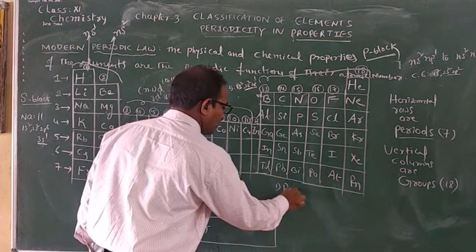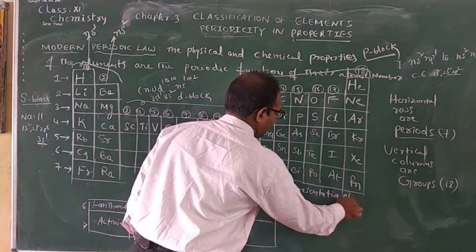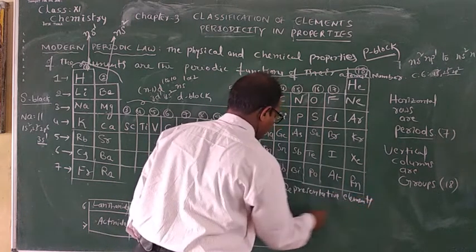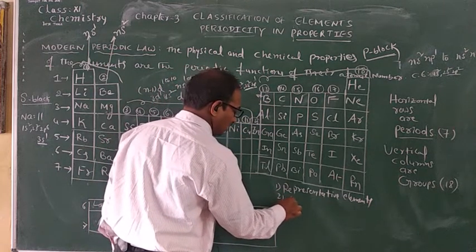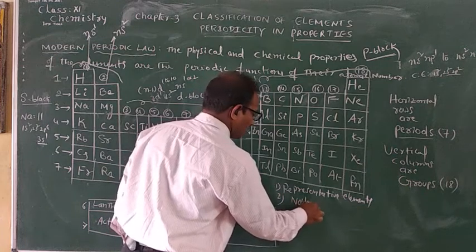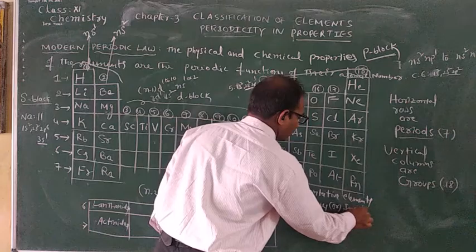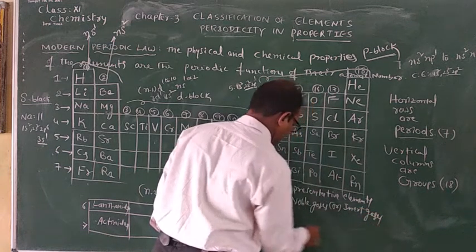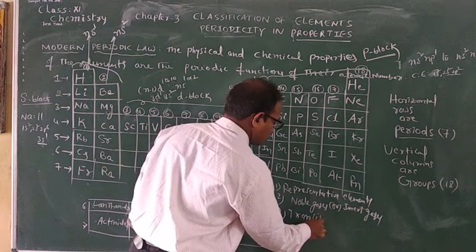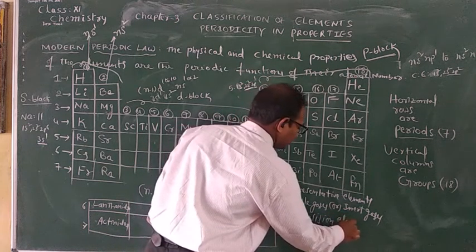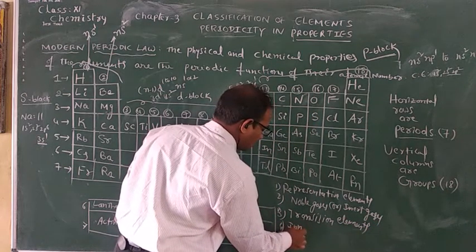They are representative elements, noble gases or inert gases, transition elements, and the fourth one, inner transition elements.